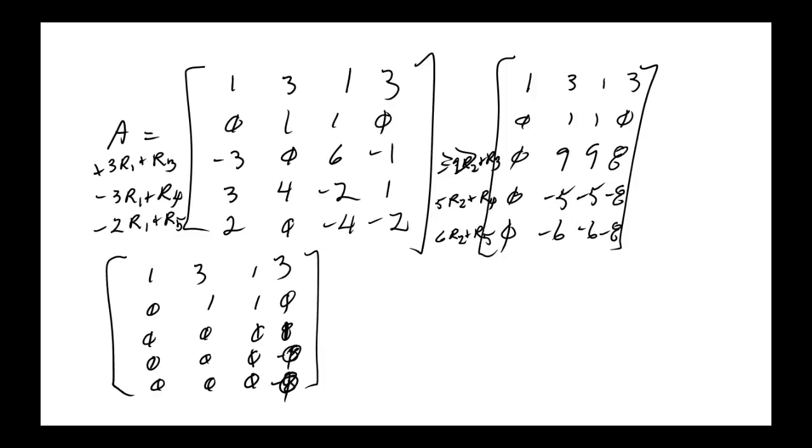What is the basis? The basis would be the non-zero rows of this one. So the basis would be 1, 3, 1, 3, 0, 1, 1, 0, and 0, 0, 0, 1.